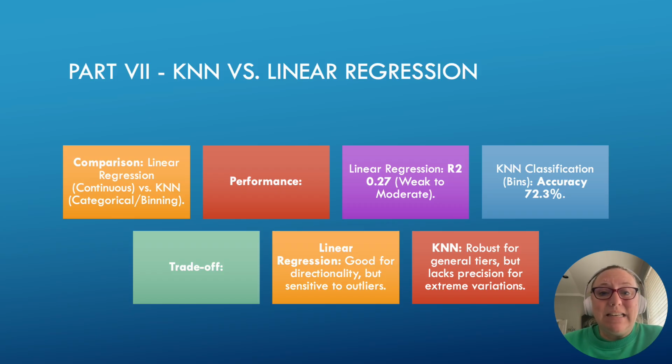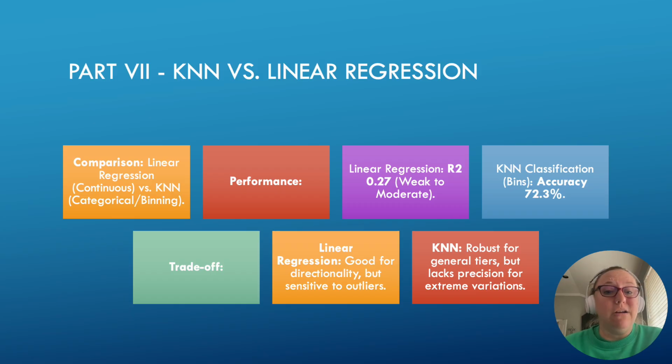Finally, in part 7, we compared linear regression against a KNN classifier for the wine data. The linear model gave us continuous predictions, but continued to remain weak. The KNN model, operating on our quality bins, achieved a cross-validation accuracy of 72.3%.